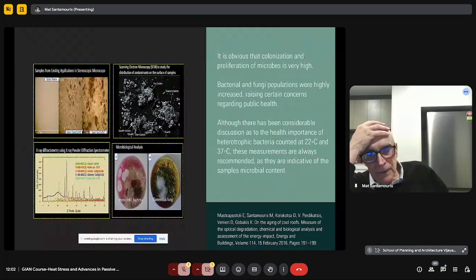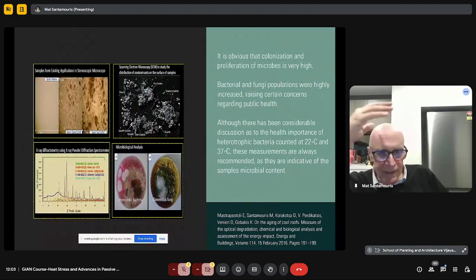But an important issue that also has to be considered is that cool roofs, because of the deposition of dust and of aerosol from the atmosphere, especially in polluted atmospheres, create some problems of microbiological pollution, because microbes and other pollutants and fungi that exist in the atmosphere are deposited on the surface of the cool roof, and they may create important areas with higher microbe concentration.